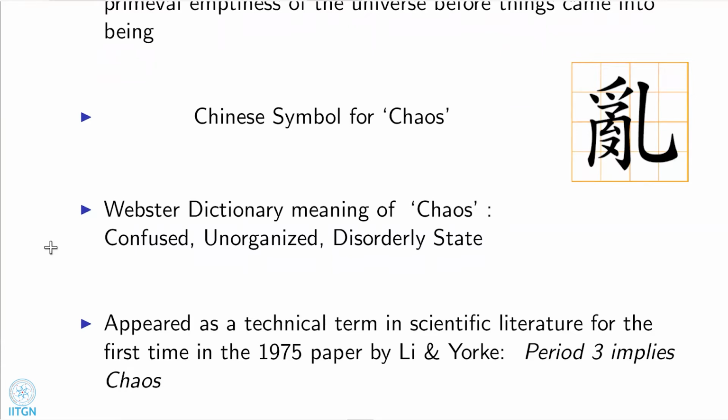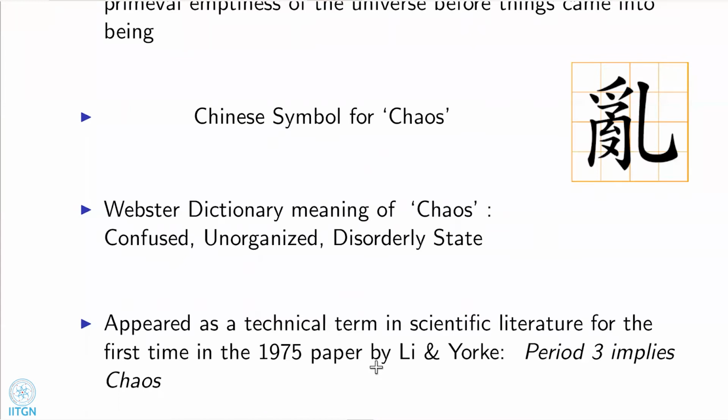In fact, I think perhaps this paper by Li and Yorke in American Mathematical Monthly is probably the first paper where the word chaos appears as a technical term in the title. The paper was Period 3 Implies Chaos, and it was actually a theorem by Li and Yorke.